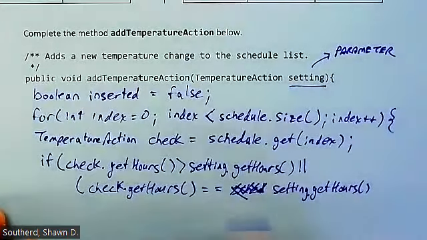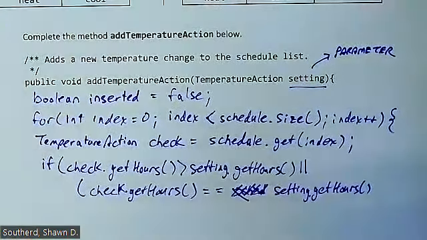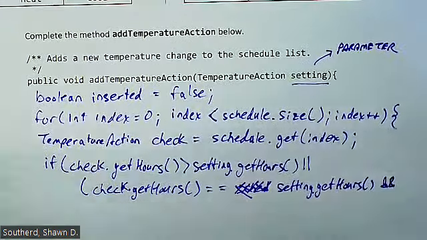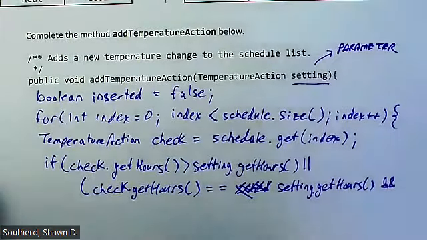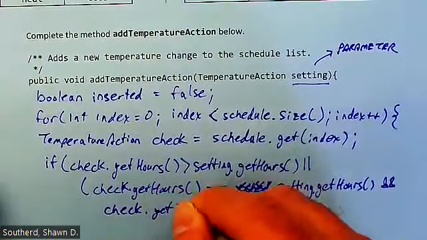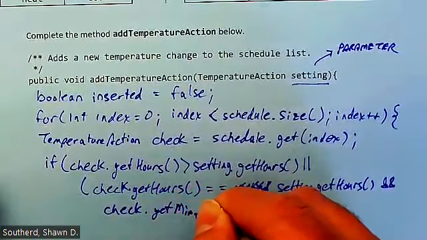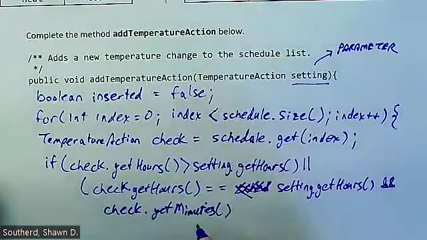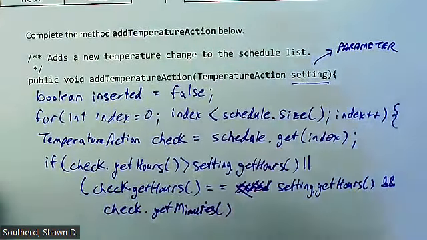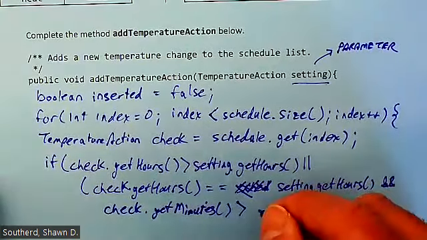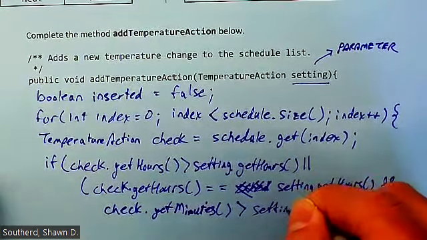So in the event that both of these are equivalent for the hours, we also need to check, right? And I'll write the little ampersand, and the minutes are going to be different. So in this case, check.getMinutes, that's already in the schedule, is going to be later or greater than the setting.getMinutes.